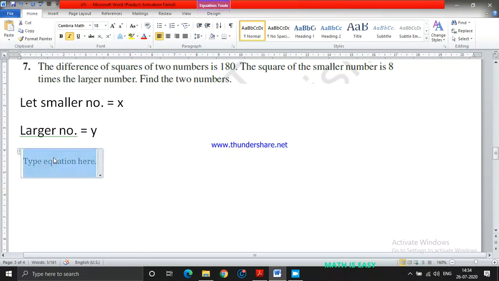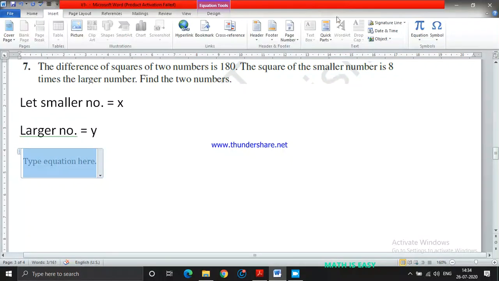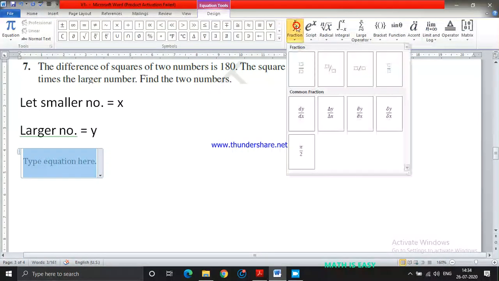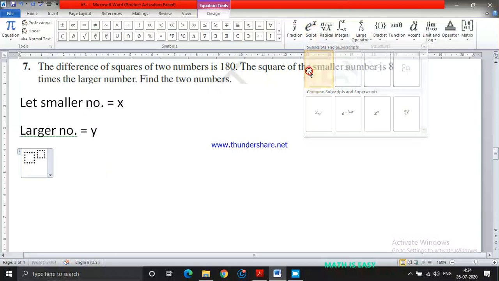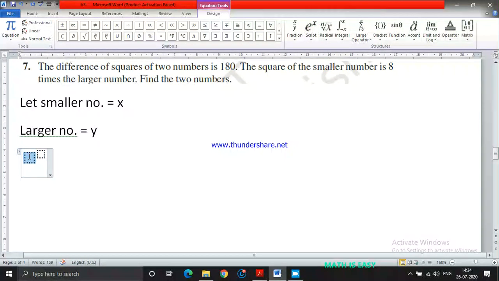That's why here I have to write y square minus x square, not x square minus y square. So y square minus x square is equal to 180. So one condition I got.